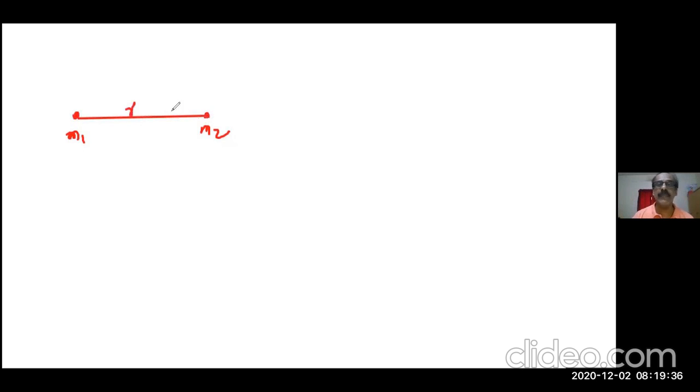This is R. The gravitational force of attraction is directly proportional to m1 m2 divided by r squared. Write down Newton's law of gravitation.